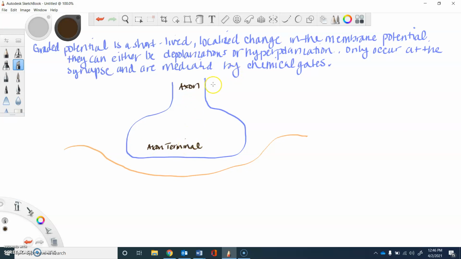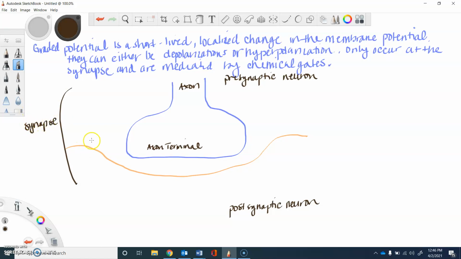And we call this the presynaptic neuron. So this neuron over here is the postsynaptic neuron.